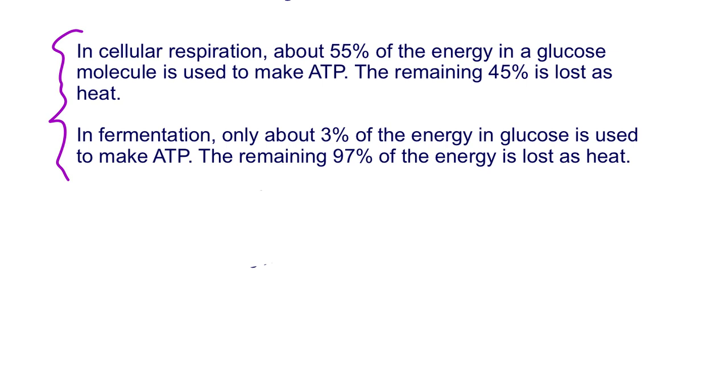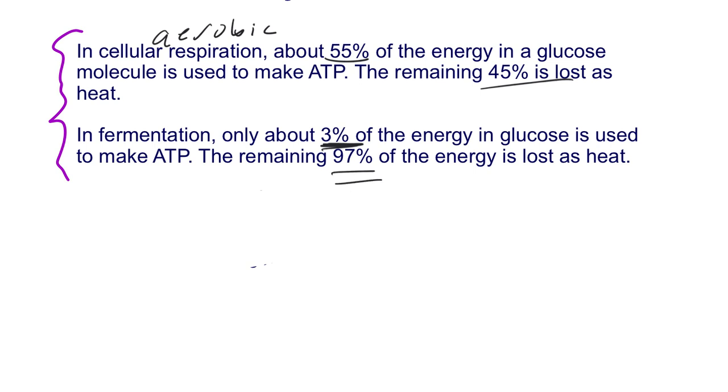So cellular aerobic respiration is quite efficient, 55% efficient. Again, because of the second law of thermodynamics, 45% is lost as heat when this happens in the mitochondria, the 4 stages. In fermentation, only 3% of the energy in glucose is used.